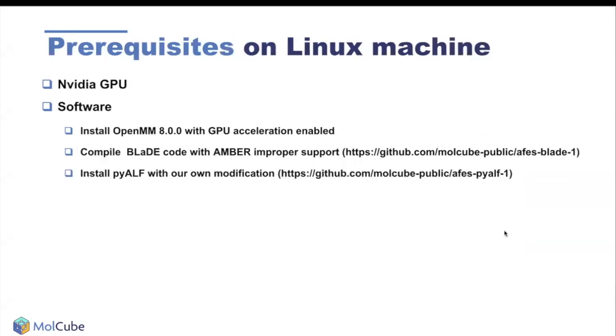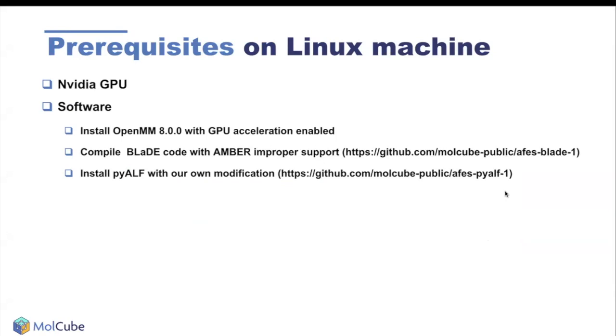Next, we can prepare to run Blade MSLD simulation on a Linux machine equipped with Nvidia GPU. In terms of software, 3 packages need to be installed. First is OpenMM version 8.0.0, and the CUDA device should be accessible.